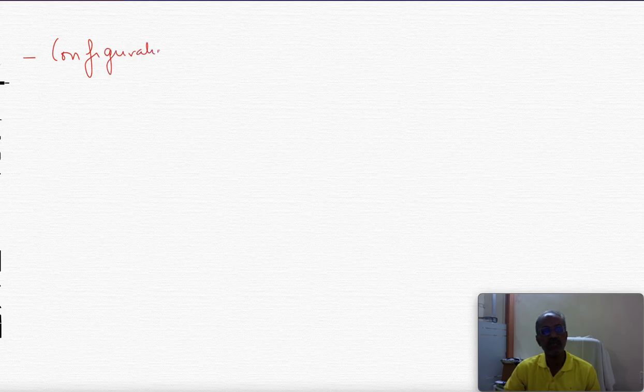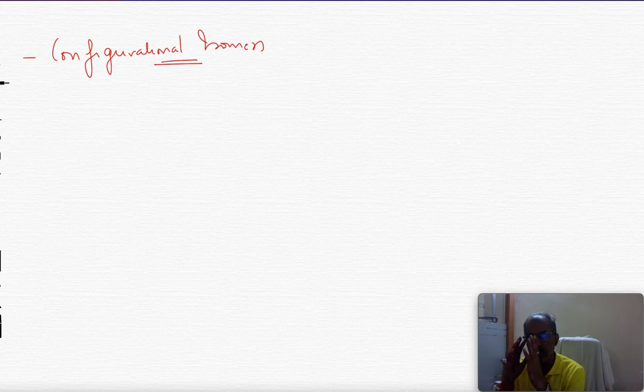Now, the second one is configurational isomerism, or configurational isomers. What do you mean by configurational isomerism? In the case of conformational isomerism, they were interconvertible, means once it has rotated, again it can come back to the original structure.